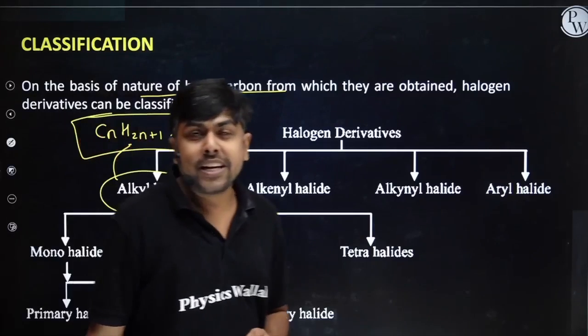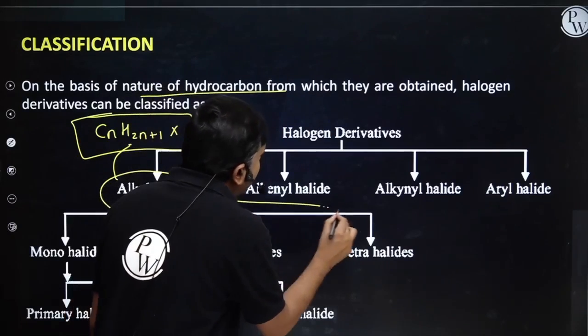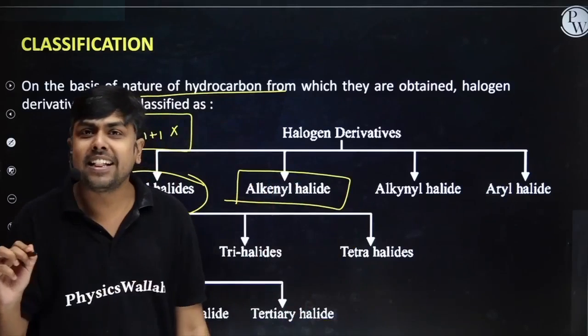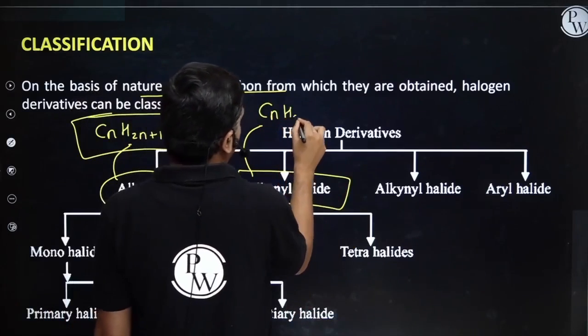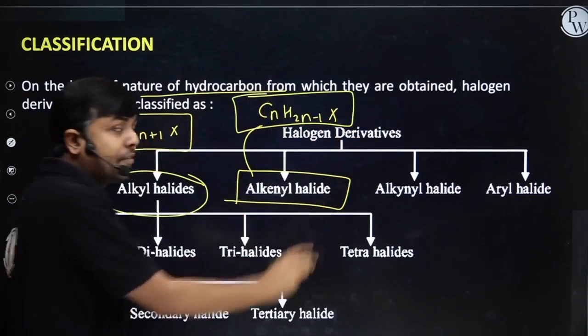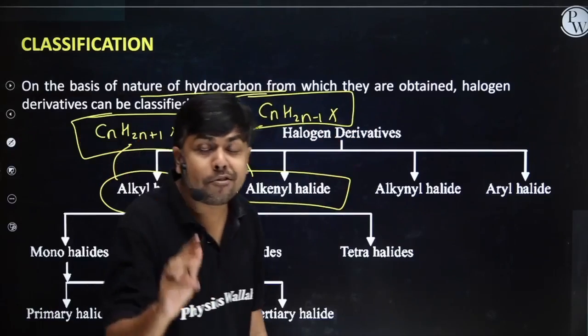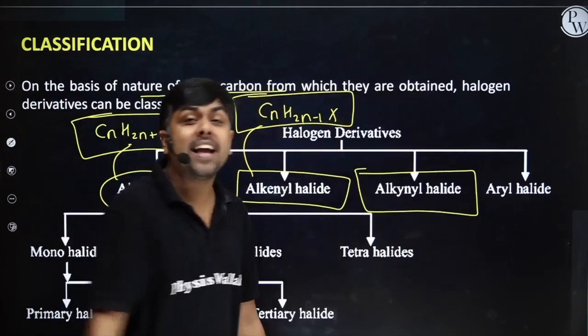If the halogen derivative is obtained from alkene family, it is referred to as alkenyl halides. We'll have the general formula CnH2n-1X.